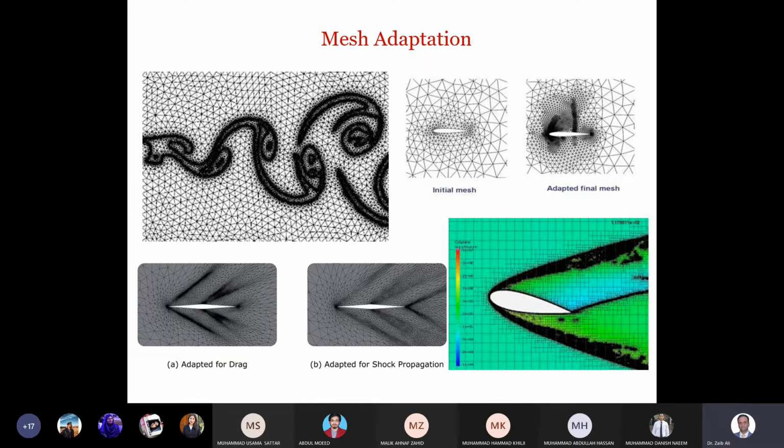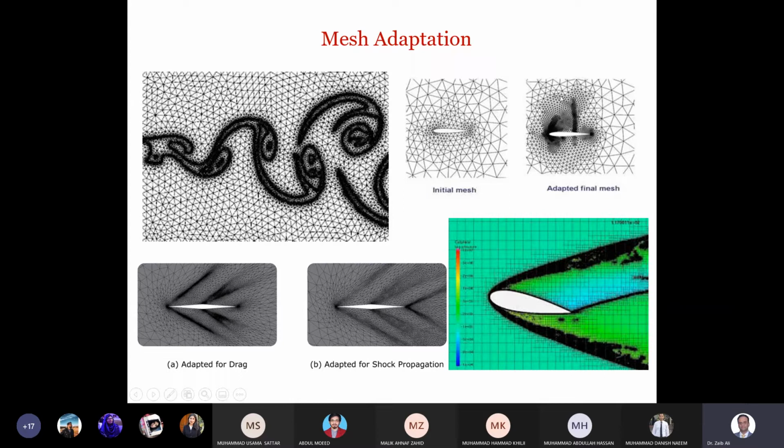So this clearly has an advantage because if you keep on refining all the mesh away from the zone of important flow physics being developed, then you will incur a very high computational cost because you will be unnecessarily solving in those regions where it's not important to resolve the flow.